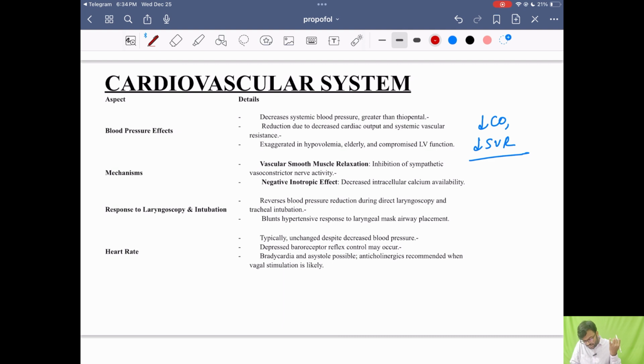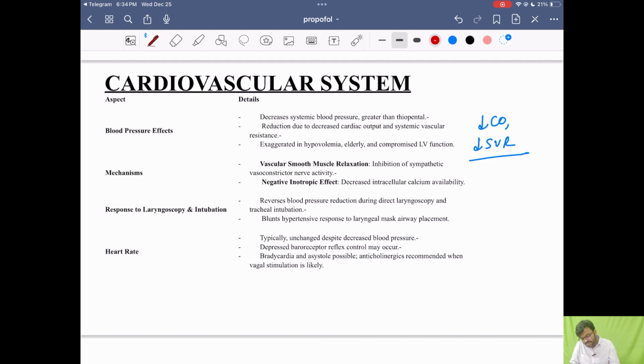Next we are going to talk about how, when you do laryngoscopy, you get a laryngoscopic response. The heart rate is increased, the blood pressure is increased, ICP is increased, but these are all responses to laryngoscopy. So how does propofol help here?